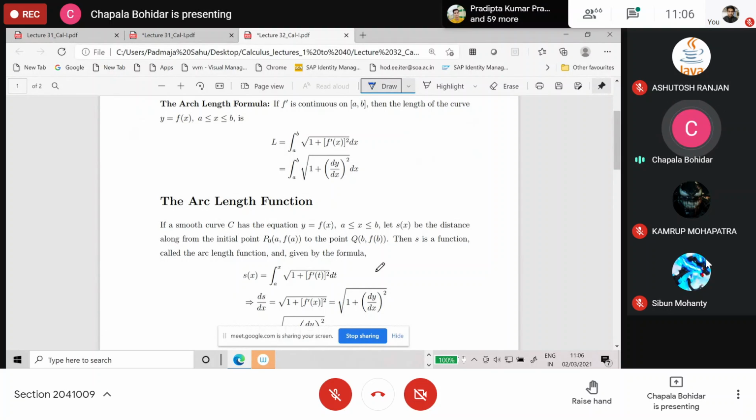So what is the arc length function? If a smooth curve C has equation y is equal to f(x), a less than or equal to x less than or equal to b, let S(x) be the distance along the curve from the initial point P0, that is a, f(a), to the point Q, that is b, f(b).